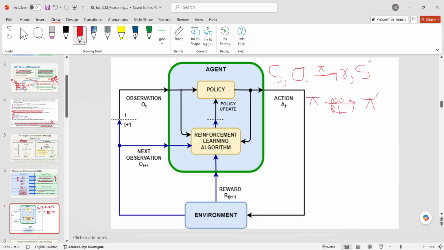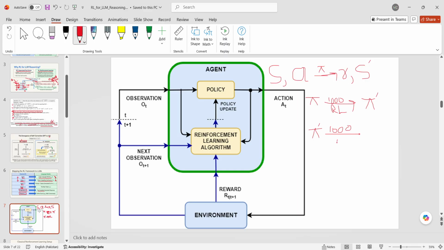Now that we have an improved policy over the randomly initialized one, we are going to land the agent in the environment and ask it to make new actions, but this time with respect to this new policy pi dash. For example, it is going to take 1000 new actions according to the improved policy.